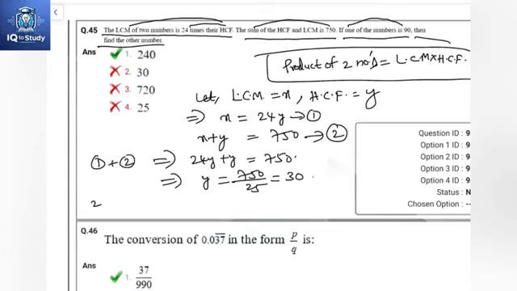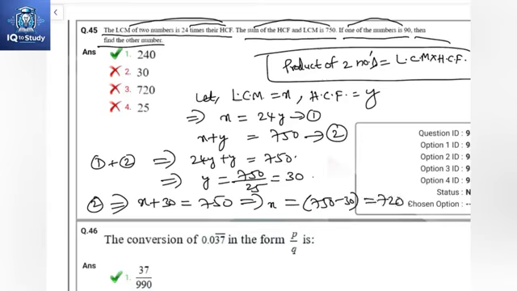Substitute in equation 2. X plus 30 is equal to 750, which means X is equal to 750 minus 30, that is equal to 720. We have to find the other number as they have given one number is 90.